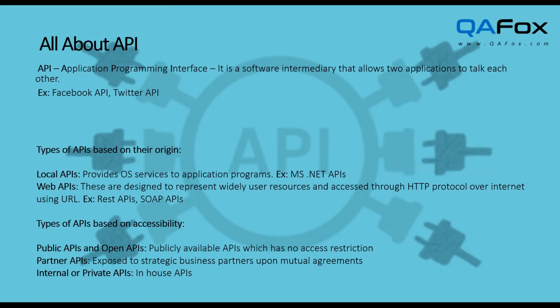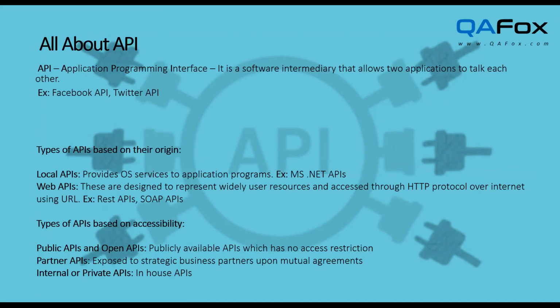As per the origin, it is divided into local APIs and web APIs. We'll first try to understand what local APIs are. They provide OS services to the application programs. Here I have given the example of MS .NET APIs.